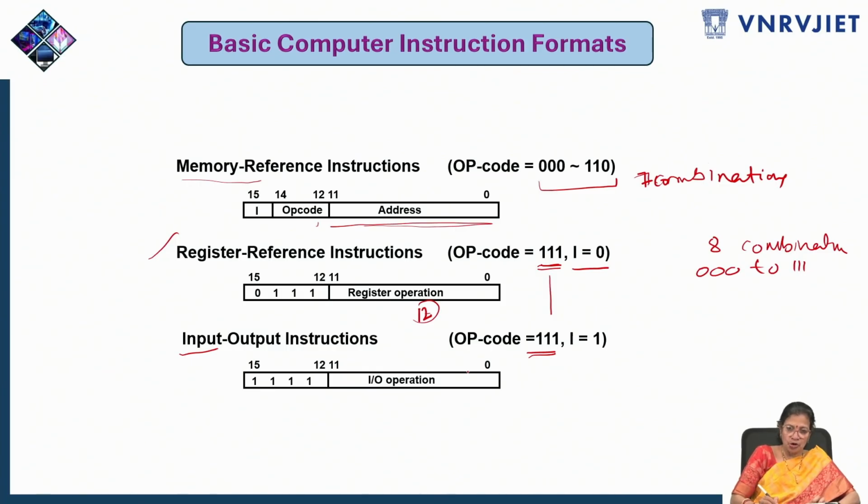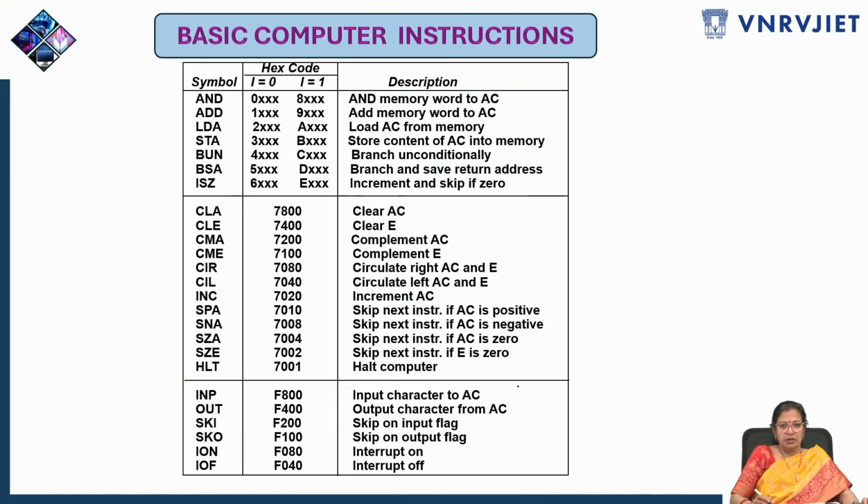In input output operations, we do not have that many instructions, but we have a few instructions mentioned with some code. We will see in detail what those are, at least what they do, because the basic computer is designed for particular functions. This is the set of the basic computer's instructions, which we will call the instruction set.